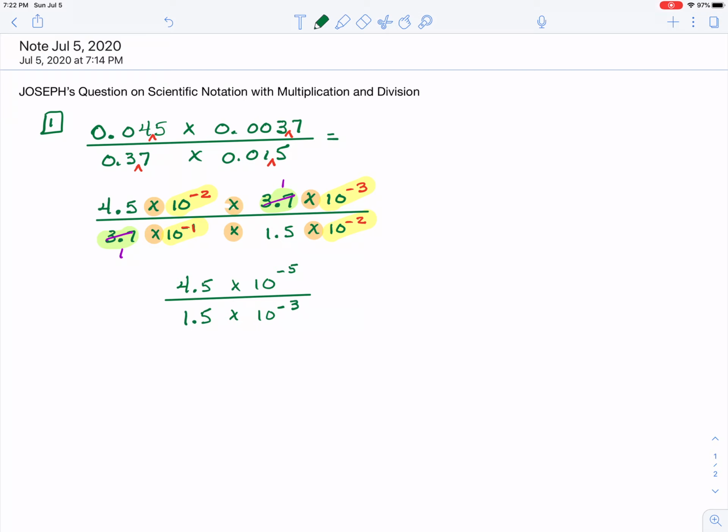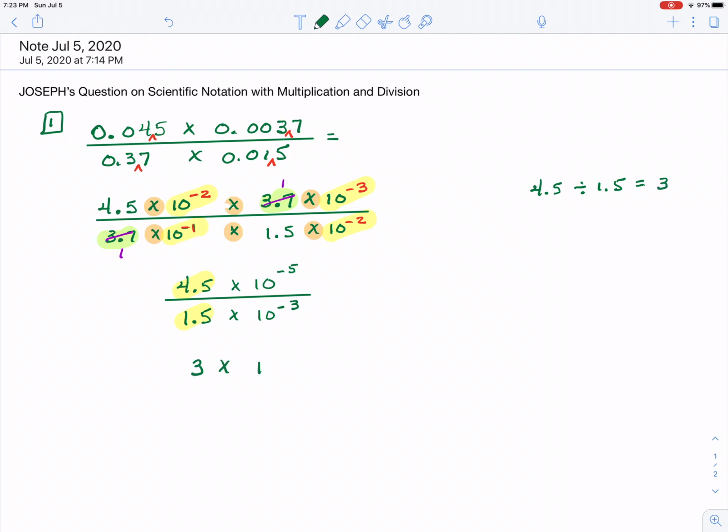All right, so at this point, I would pick up my calculator and I would type in 4.5 divided by 1.5, which of course are these numbers out in front of the base 10, and that, of course, is going to give me 3.